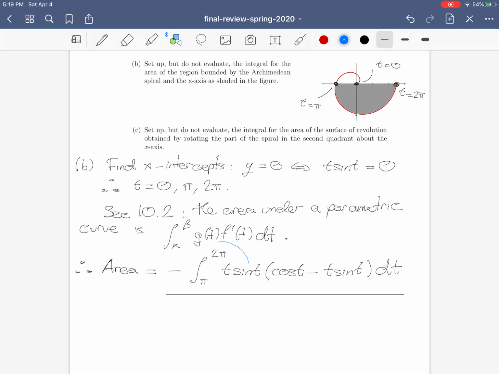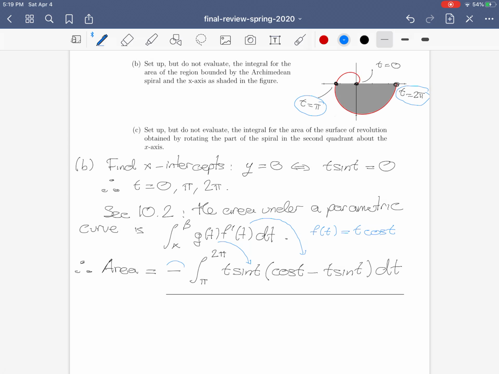The g of t gives us the t sine t here. The f primed of t, so remember that f of t in our setup was equal to t cosine t. G of t is t sine t. The alpha and beta come from these values here that we determined give us the endpoints of our curve.